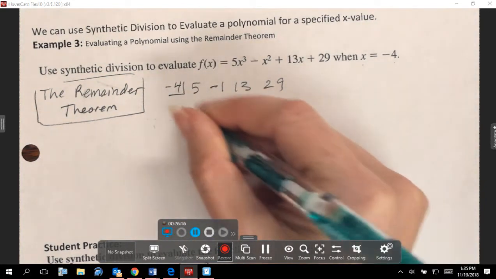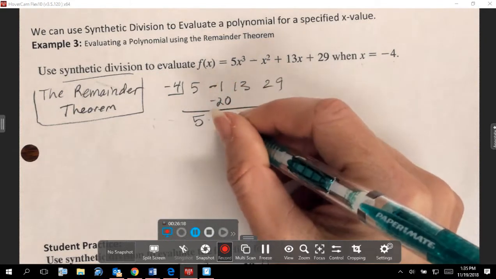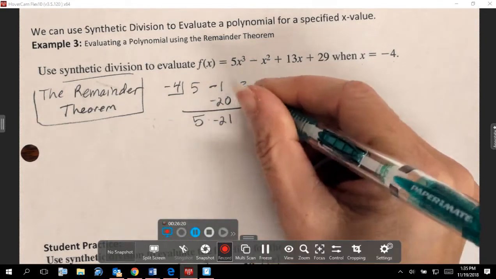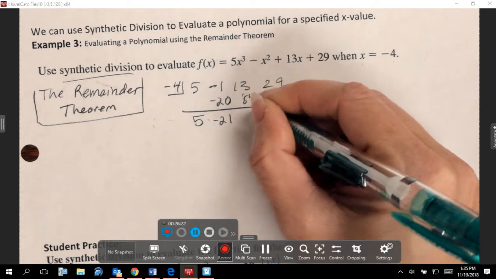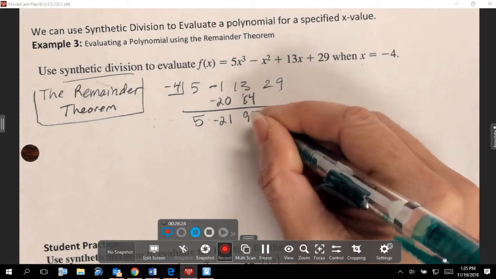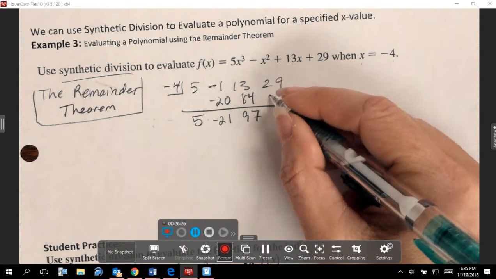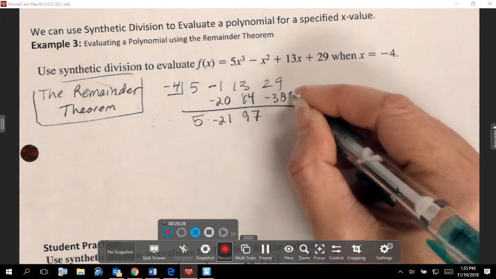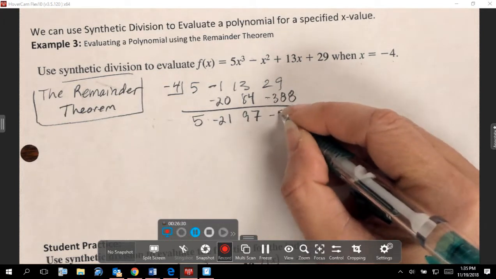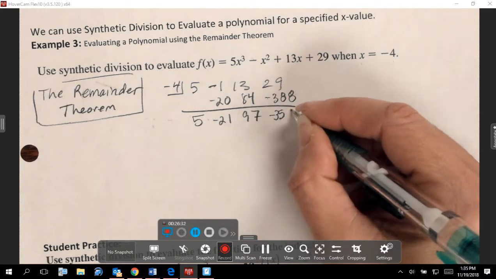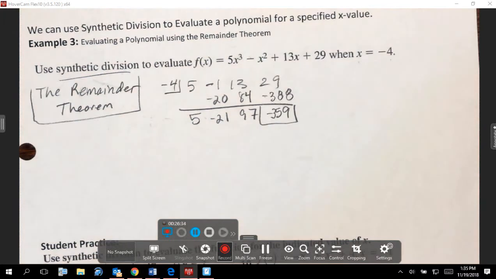Bring down, multiply, add, multiply, add, multiply, add. Can I get 5, -21, 97, -359 is my remainder? Okay? Synthetic division.